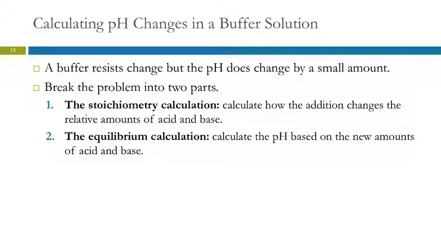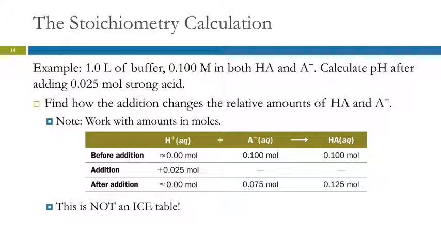And then we're going to do an equilibrium calculation and calculate the pH based on those new amounts. So here's an example. We have 1 liter of buffer. It's 0.1 molar in both the acid and the conjugate base. We're supposed to calculate the pH after adding 0.025 moles of strong acid.